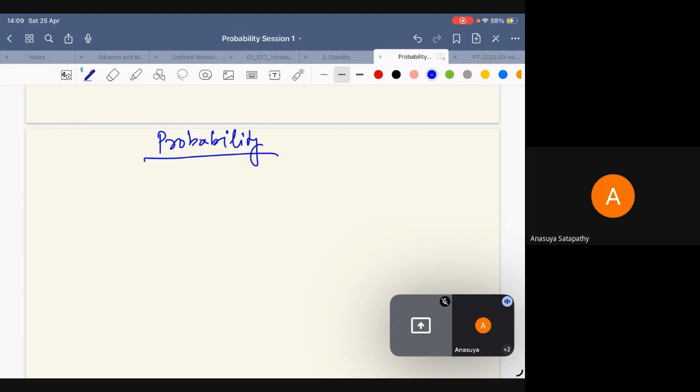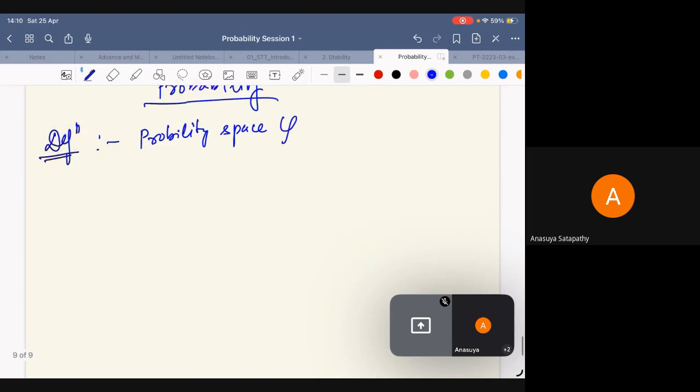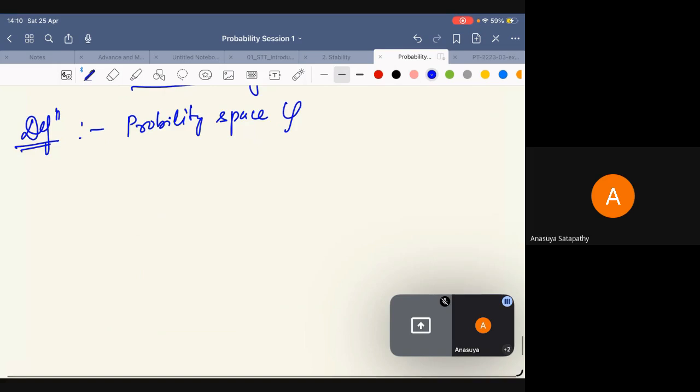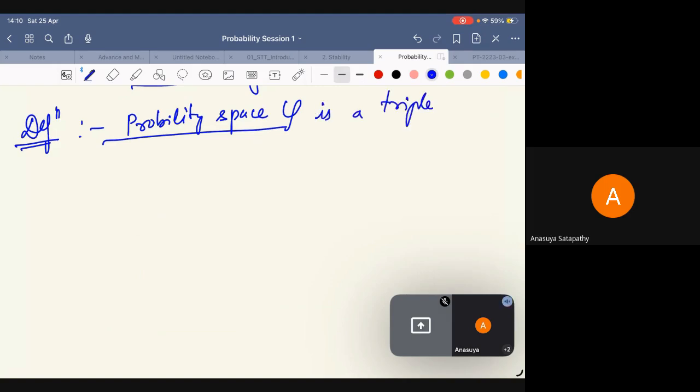Let me give you the definition of probability space. Let me represent probability space with psi. The definition: the probability space psi is a triple, where psi equals omega, f, and p.